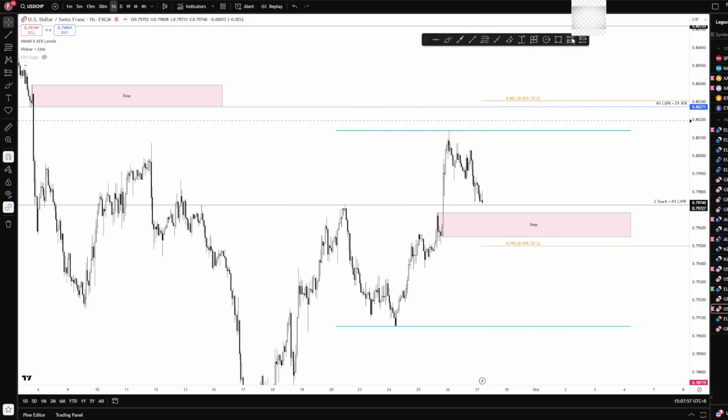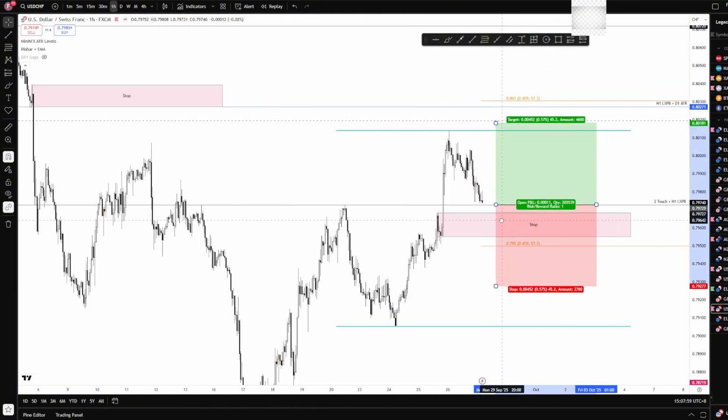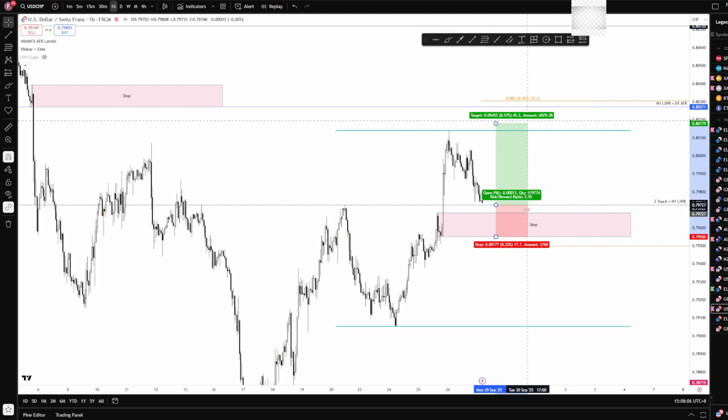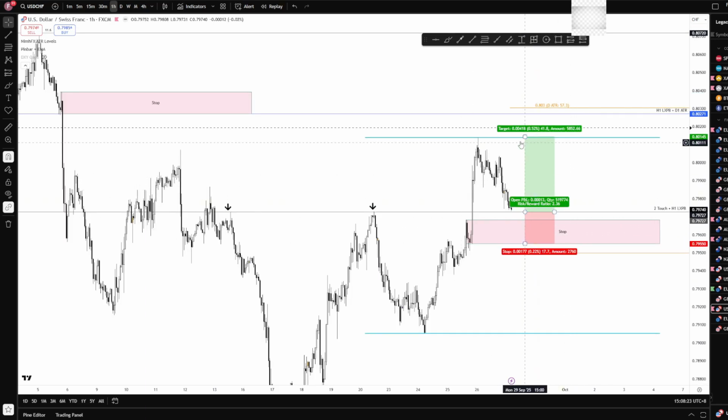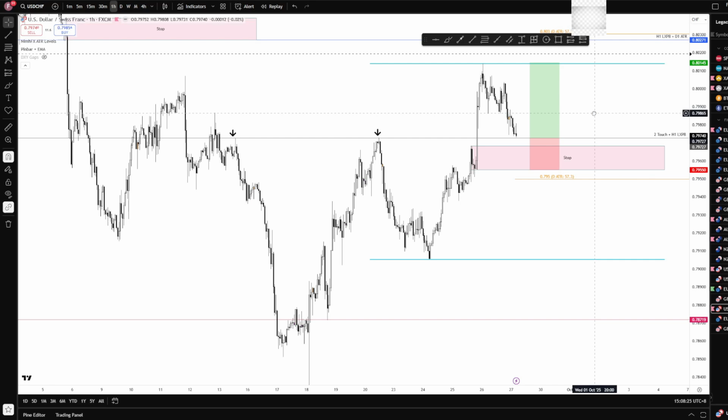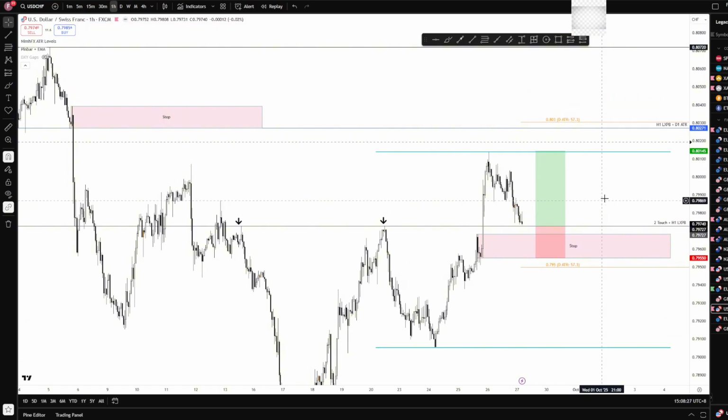For this I'll be running it a bit more, so likely this position will be filled at the open of next week. It acted as resistance. You can see strong rejection, a two touch level with strong rejection two times, and there's also an H1 cluster right beneath the level. So I'm looking to play to at least last week's highs. That's all the forecasts for this week.